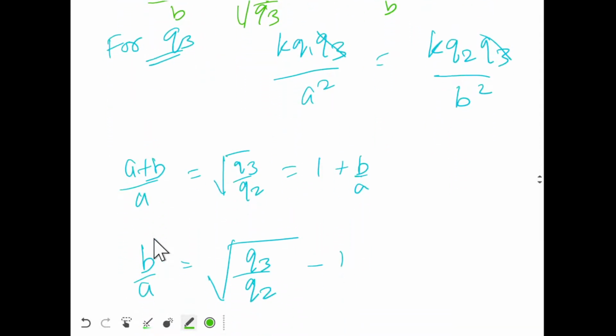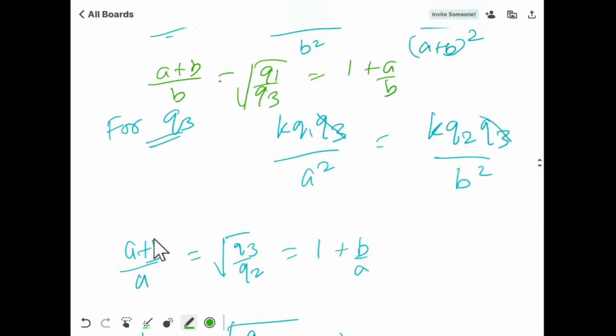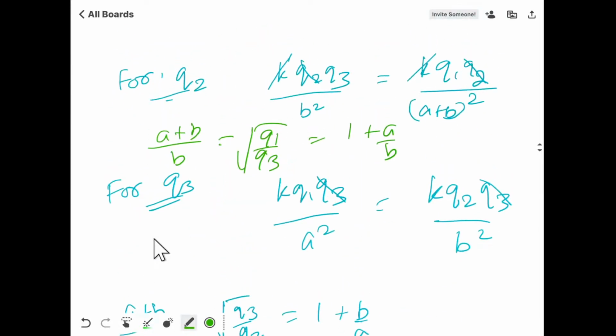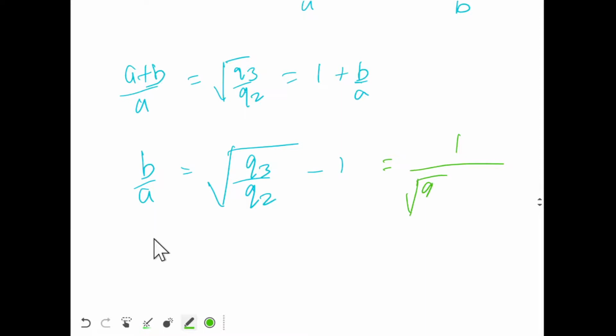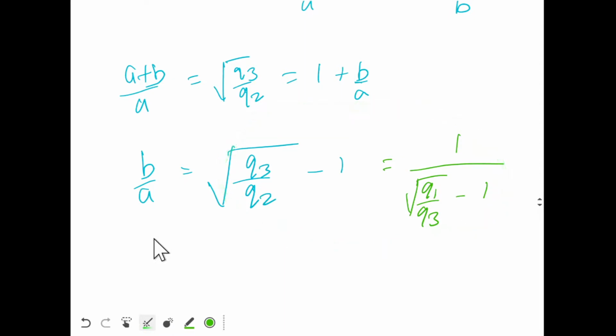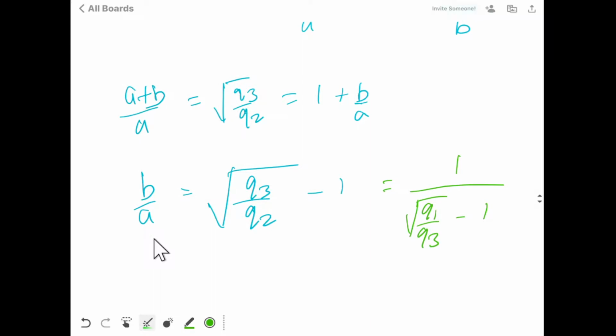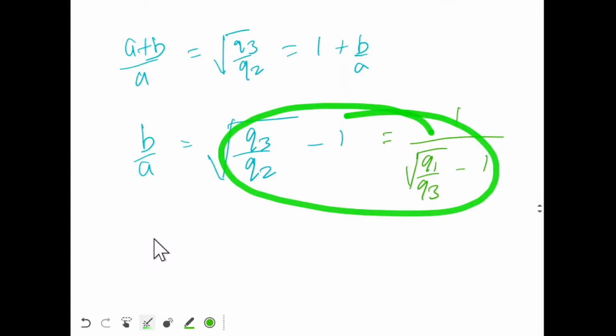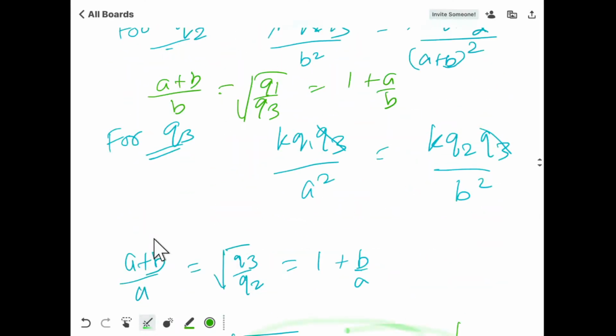Then b by a will be equal to 1 divided by (root q1 by q3 minus 1). So when you simplify this equation, you can find q3 in terms of q1 and q2. So from here you can find q3. So that is one part of the question which will get solved.